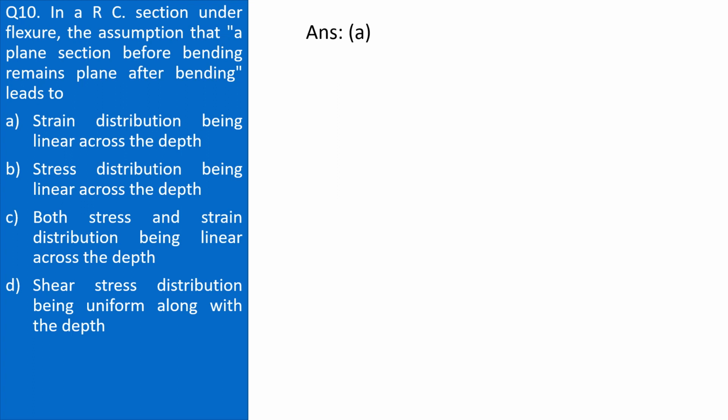Here, the strain distribution in working stress method as well as limit state method is linear, but not in the case of stress distribution. So, the assumption that a plane section before bending remains plane after bending leads to strain distribution being linear across the depth.